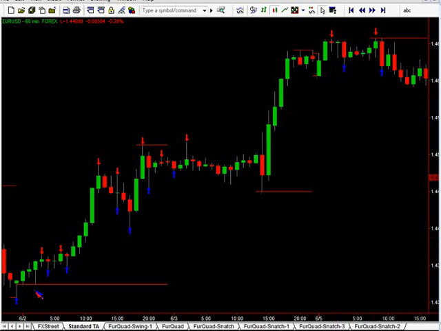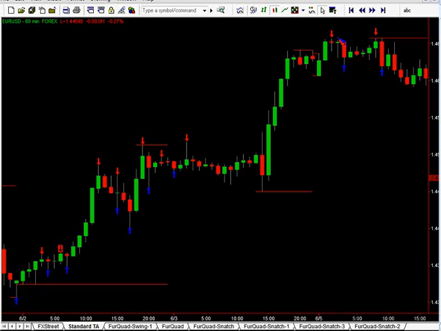So over here on the bottom left, we've got low, lower high, higher low, and there's the higher swing high there. So in this case, a lower high and a higher low developed before the higher swing high.